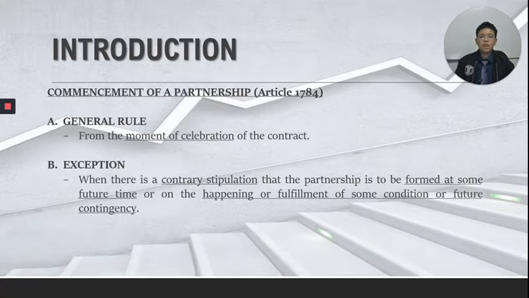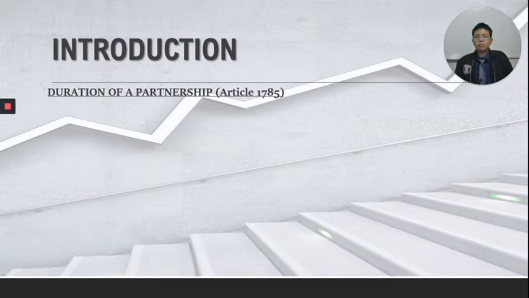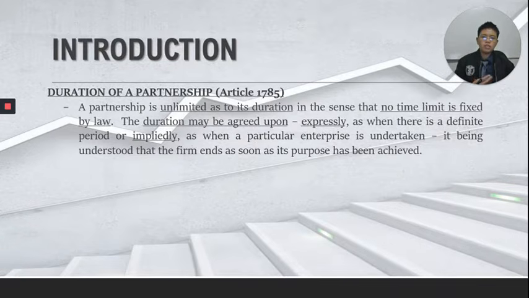Also, in 1785, we will talk about gaano katagal ang isang partnership. So the duration of a partnership actually depends on what kind of partnership it is. If it is a partnership at will, or it is a partnership with a fixed term or a specified undertaking. So remember, if it is a partnership at will, the duration is depending upon the agreement of the parties. Pagka ayaw na nila, then the partnership will be dissolved in accordance with the will of the partners.